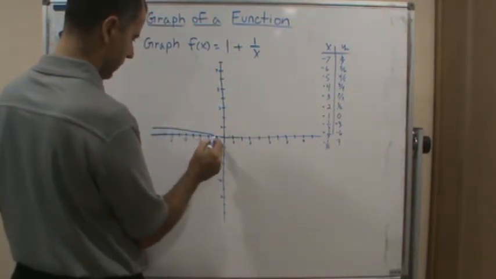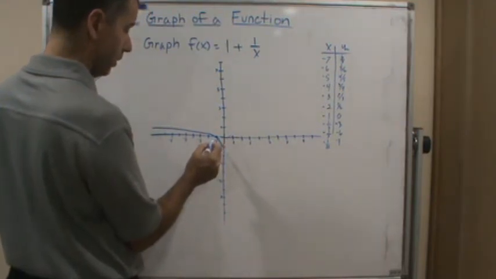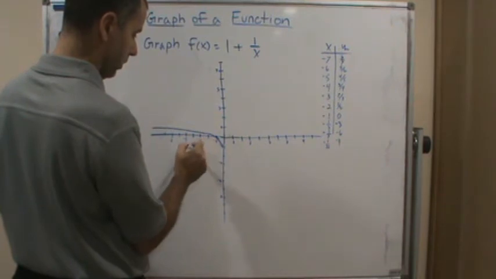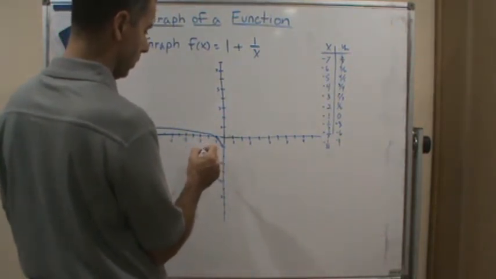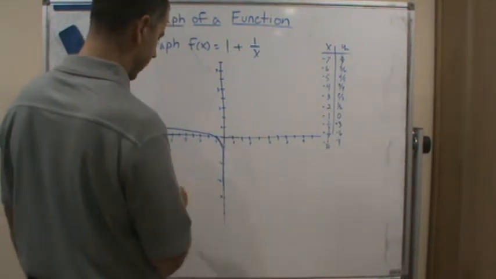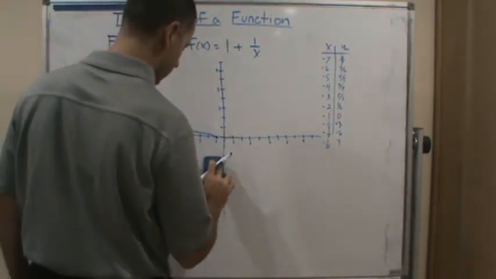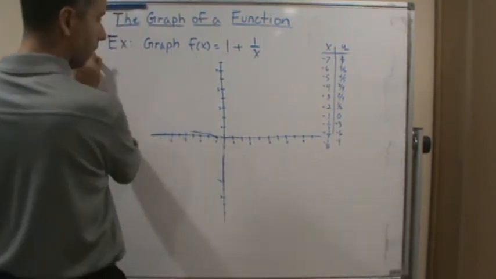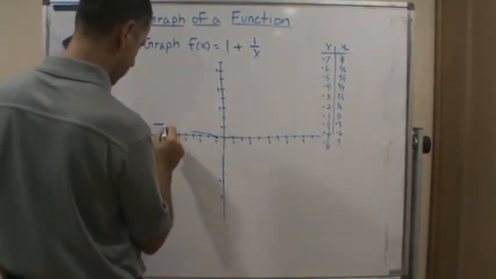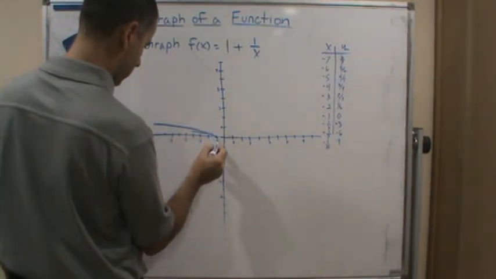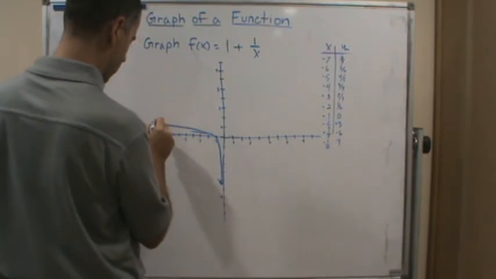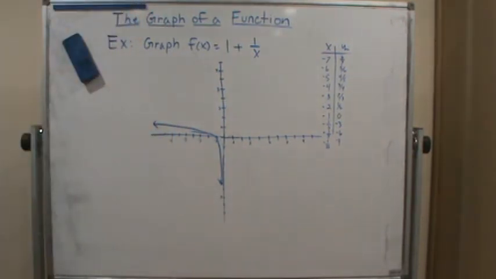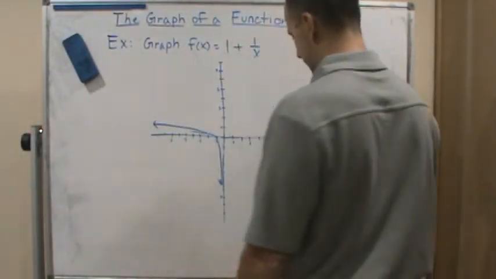It goes through here, something like that. Okay? And then we can't have 0.